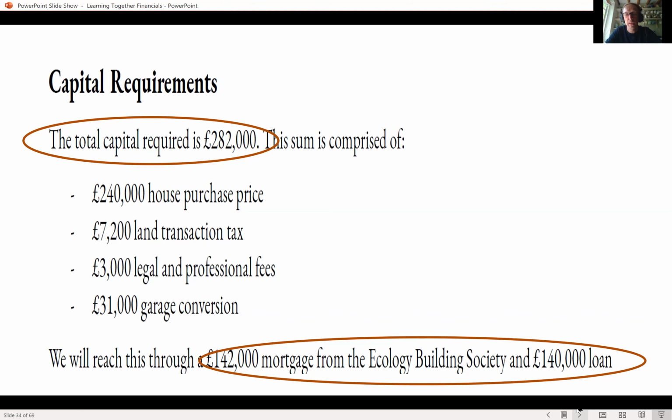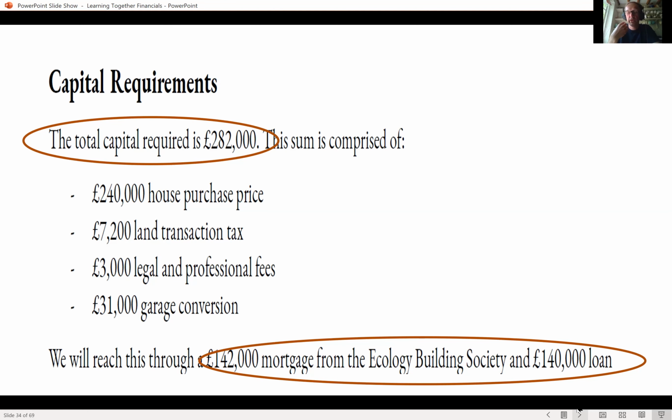And in terms of the loan stock, it is cheaper than mortgages, but it has to be paid back after 5 years, whereas the Ecology Building Society mortgage is going to be more expensive, but it can be paid back after 40 years. So you've got different rates of repayment for both those things. Usually loan stock is used as a deposit mechanism for housing co-ops.